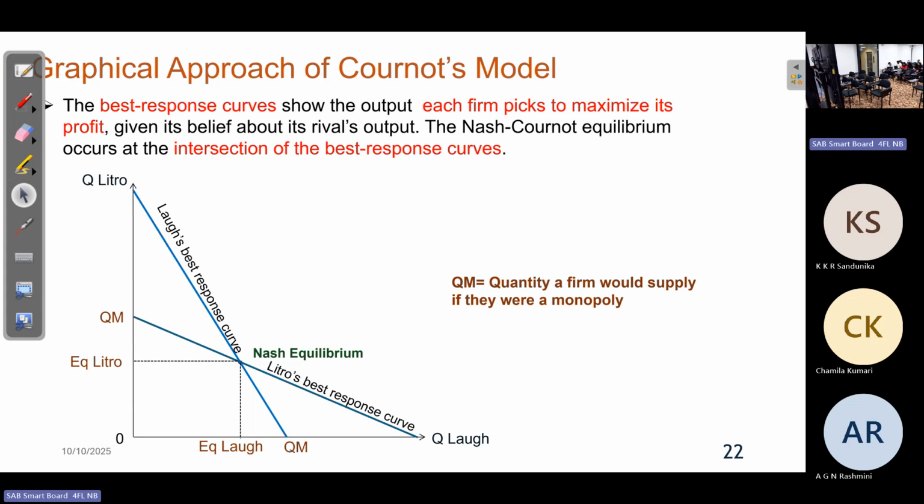Okay. Now, following the same approach, we are going to draw the best response function for firm 2 as well. So for firm 2, Q2 equals 96 minus half Q1. When Q2 is 0, Q1 is 192. When Q1 is 0, Q2 is 96.